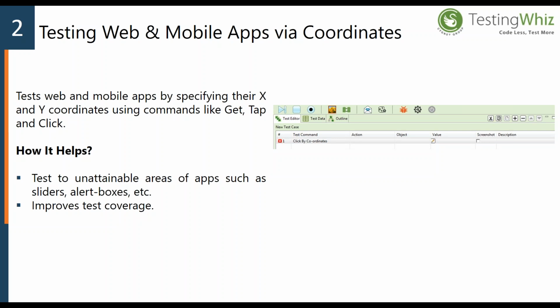If you are getting the coordinates with the get command, then the output of that command would be X and Y coordinates from the browser, and then the output from that command can be utilized inside this test command. So those are two things which you can automate extensively. It helps you in the unreachable areas of the browser.